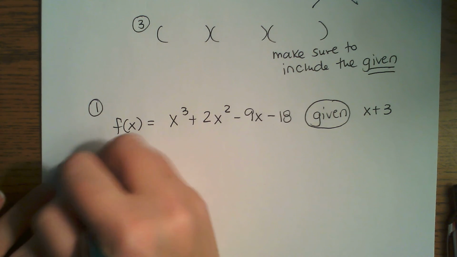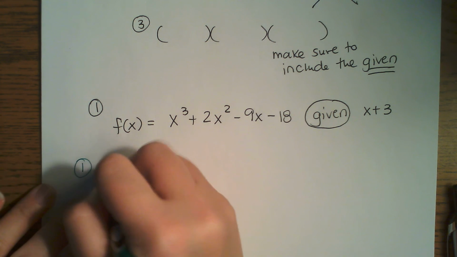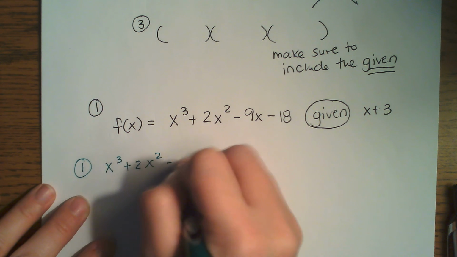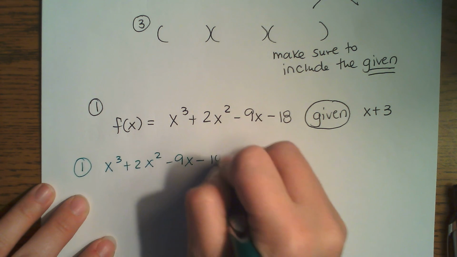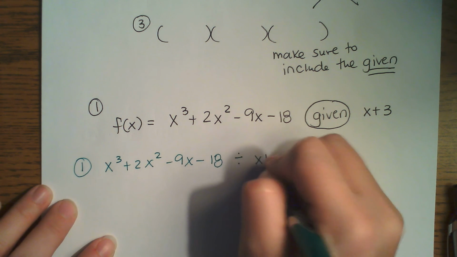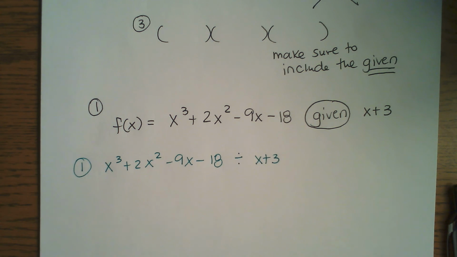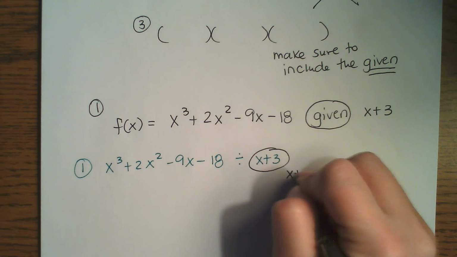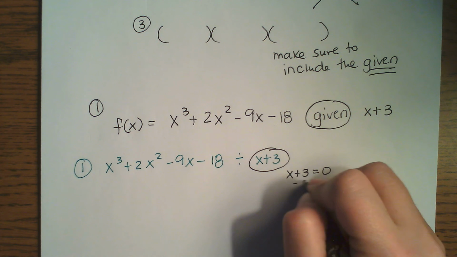All right, so in step 1, I'm going to take x cubed plus 2x squared minus 9x minus 18 and divide it by x plus 3. So this is a review on synthetic division. We're going to set this equal to 0 and subtract.